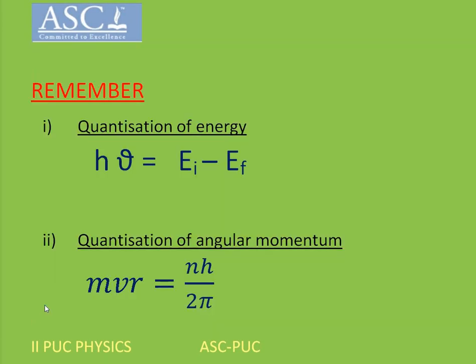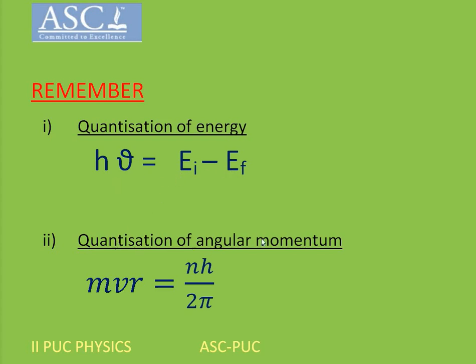Bohr's postulates tell us two things. The first one is the quantization of energy, and the second one is the quantization of angular momentum of the revolving electron. Mathematically, quantization of energy is written like this: h nu is equal to EI minus EF, as E is equal to h nu, and E is nothing but the energy difference between the initial and the final states of the electrons.